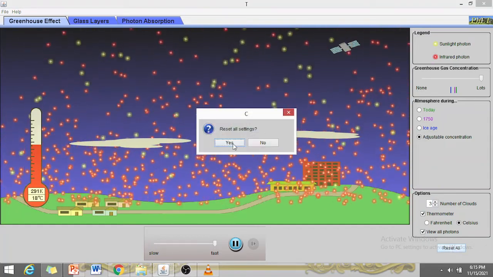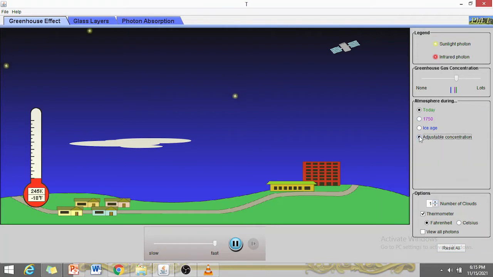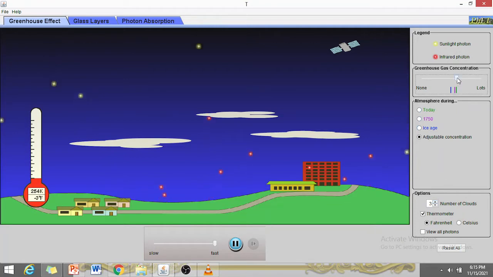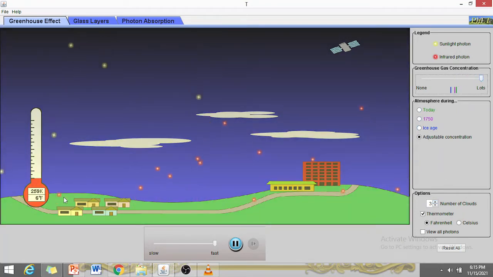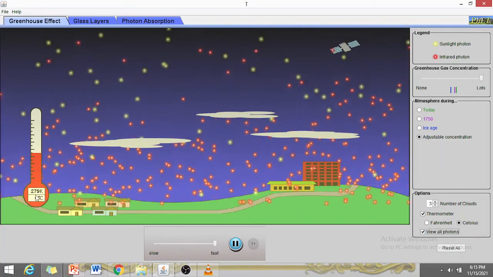Try natin i-reset. And then, lagyan natin, class, ng clouds. Ayan. So, tapos, damihan natin yung greenhouse gas. Look at the temperature. Ito na natin ng Celsius. From -2, -1, 0. Then, 5, 6 degrees Celsius.